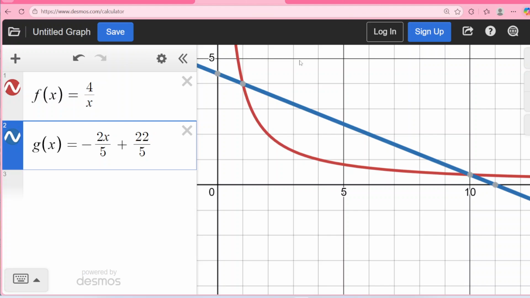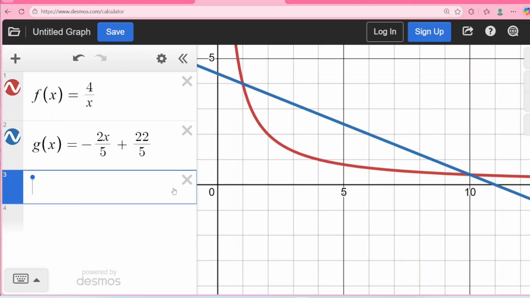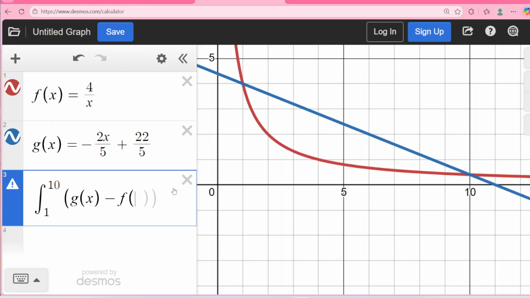So you see they meet when x equals 1 and when x equals 10. And then in the region between them, g is the top function, f is the bottom. So I'm going to be integrating from 1 to 10 of g minus f, again, top minus bottom for these areas with respect to the x-axis.